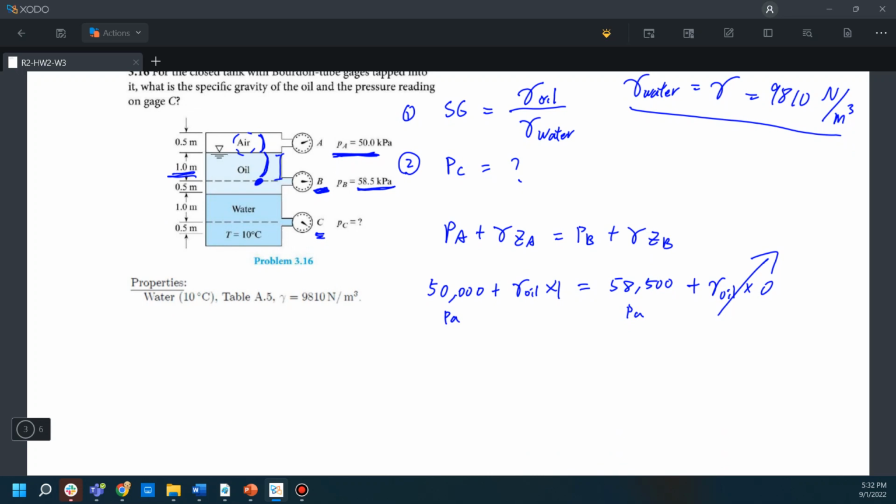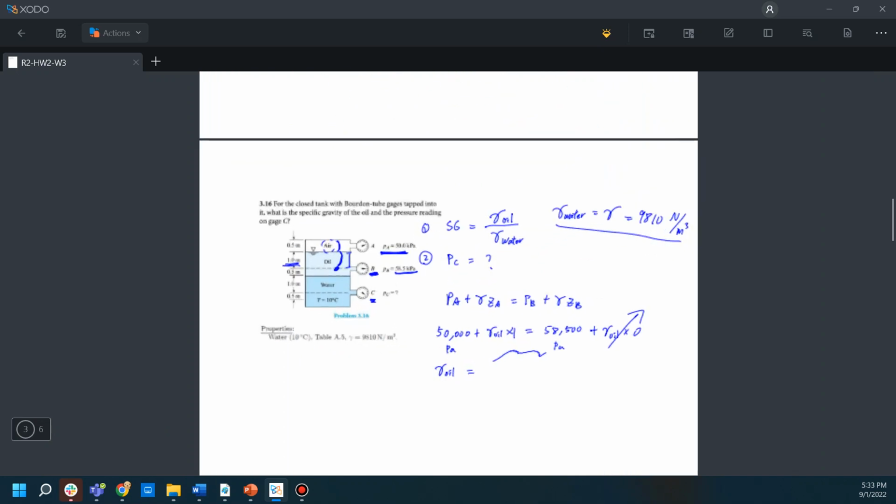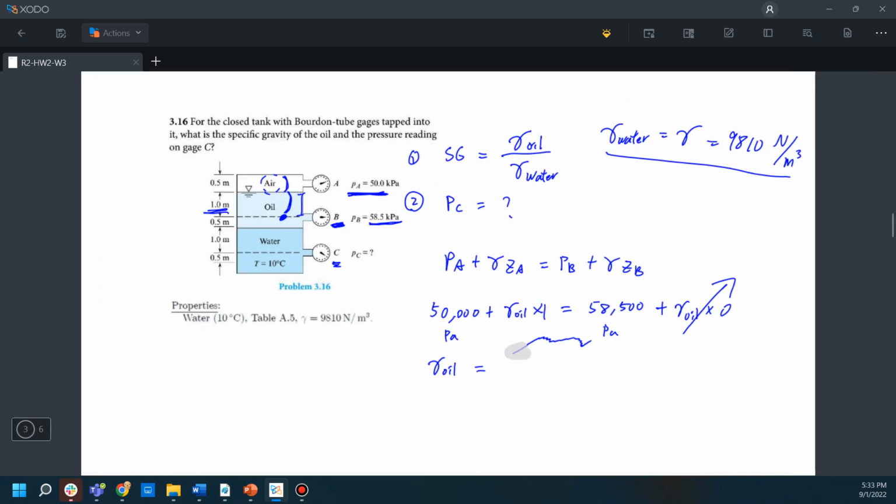So by solving this equation, we will learn that the specific weight for the oil is equal to 8,500.